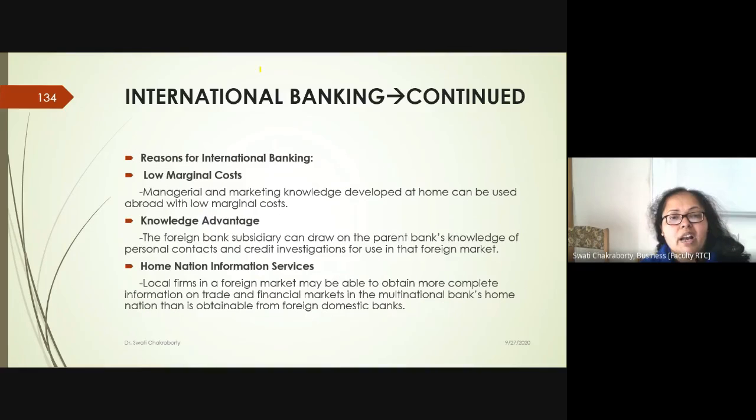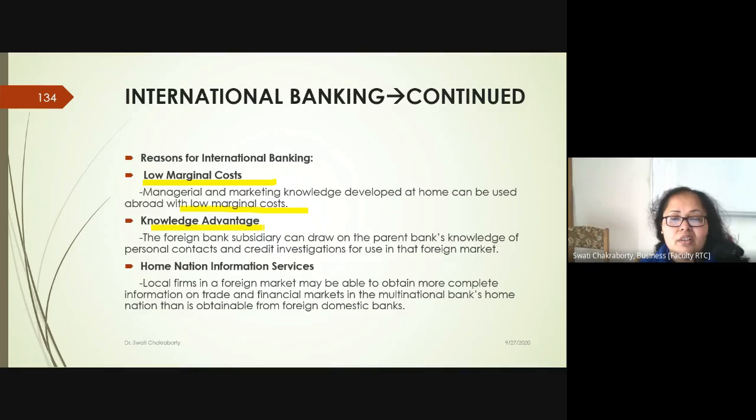Reasons why we have international banking? One is low marginal cost. The knowledge with regards to management and marketing developed at home can be used abroad at low marginal cost.